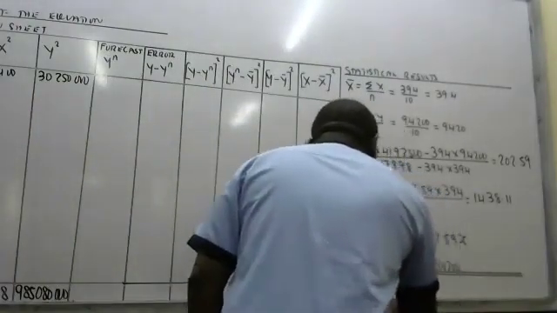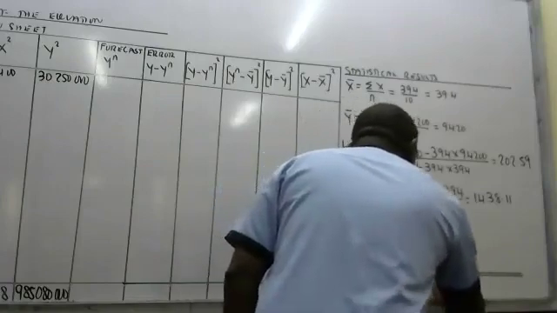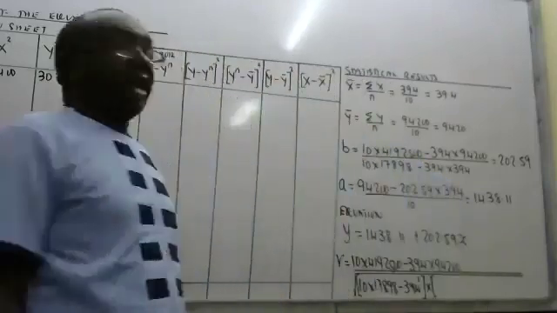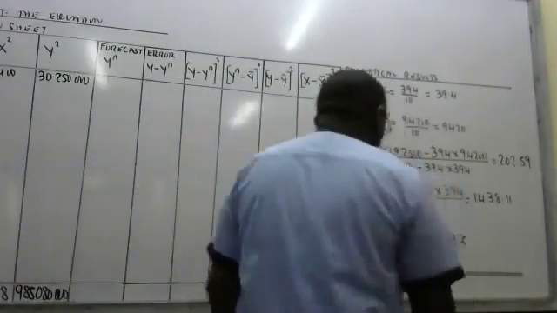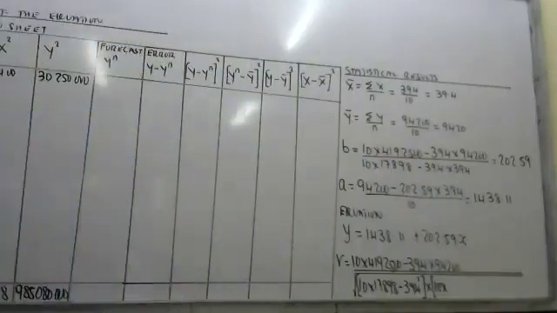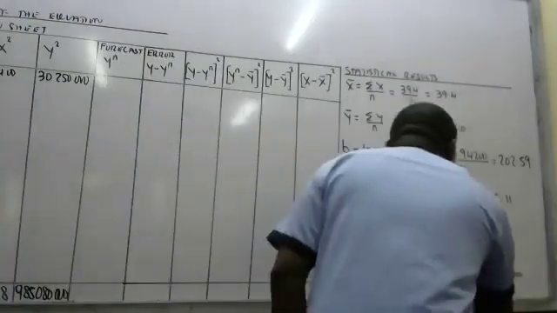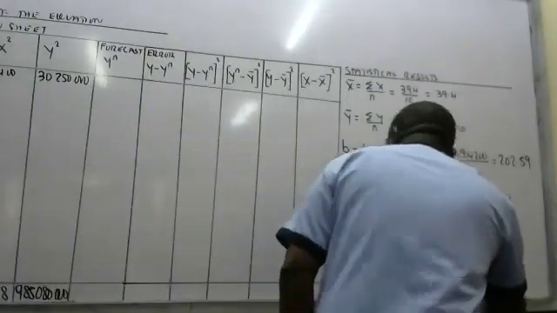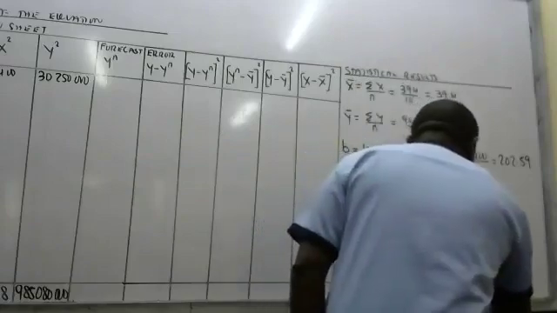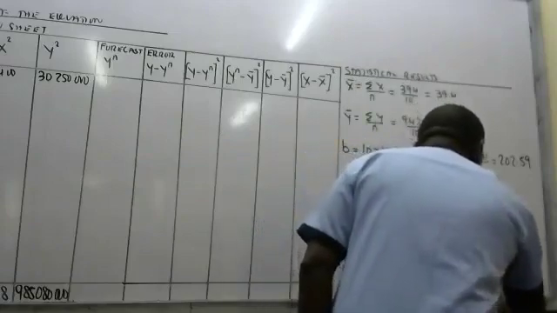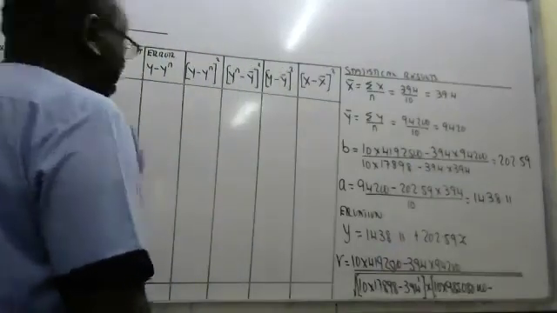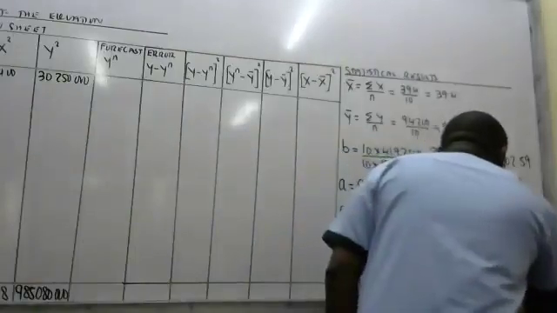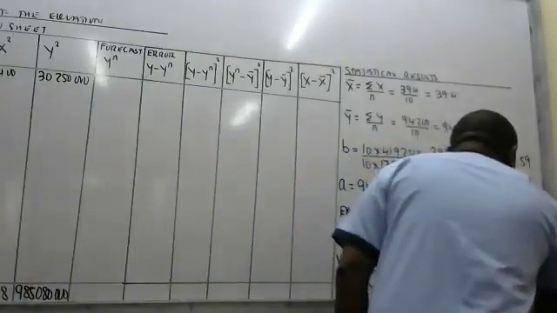Then you multiply that by N, which is 10, multiplied by sum of y squared, which is 985,080,000, minus sum of y, which is 94,200, squared.